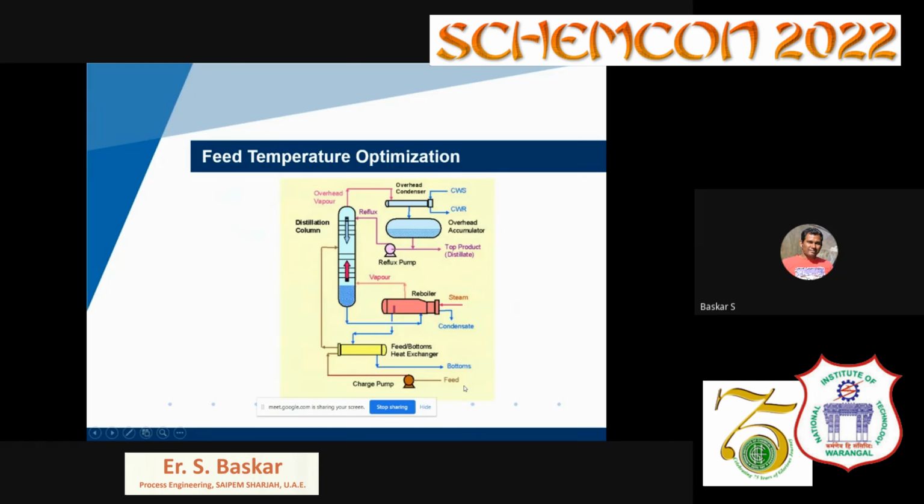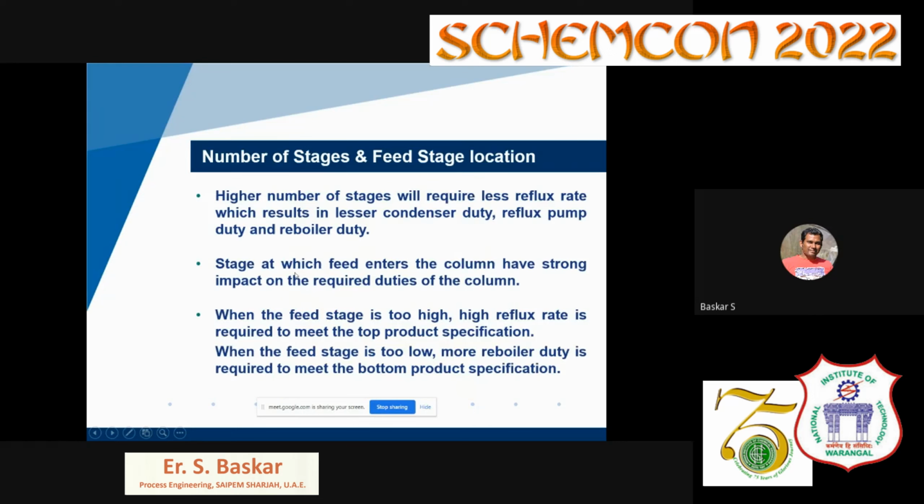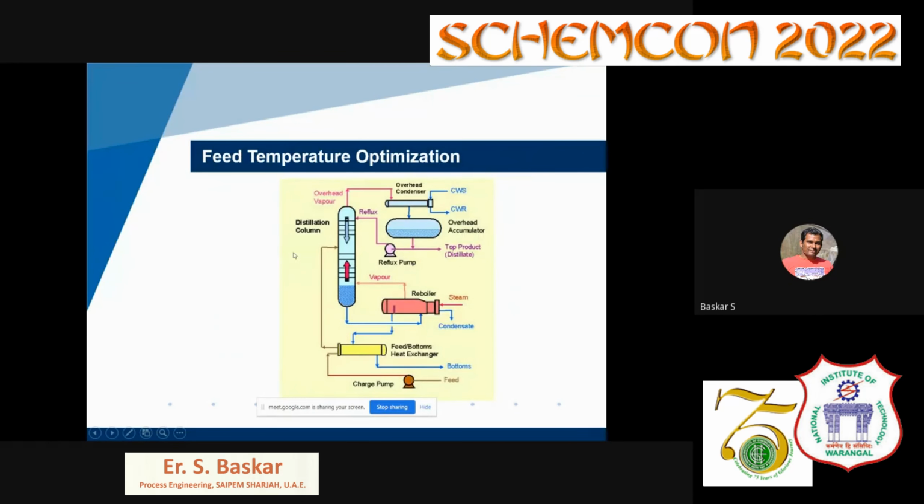In the previous configuration, we have seen the feed is directly entering into the column. But in this case, you can see the feed is first going to an exchanger where it is being heated by the bottom product which is coming from the reboiler.